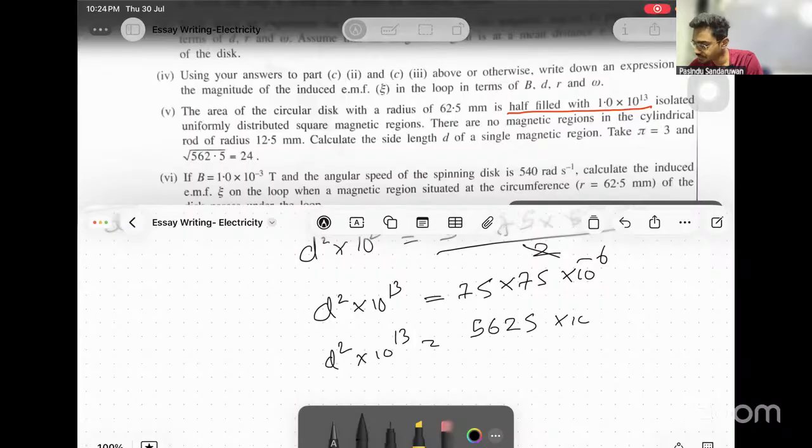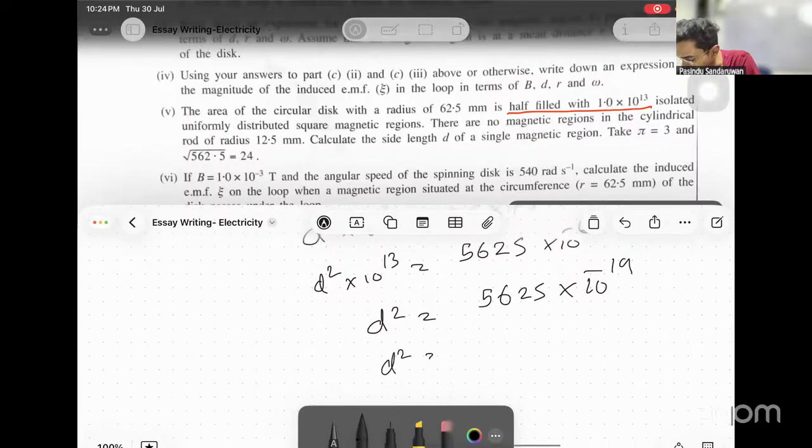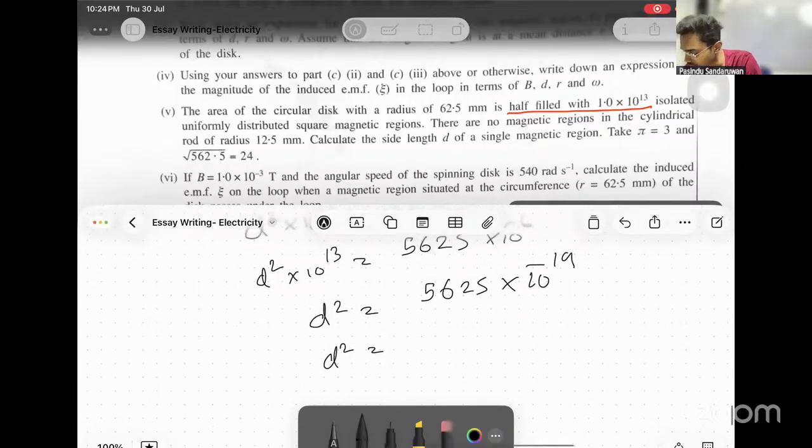We need d now. Then d squared equals 5625 times 10 to the power minus 19. Now the given value is 562.5, so rearrange this: 562.5 times 10 to the power minus 18.